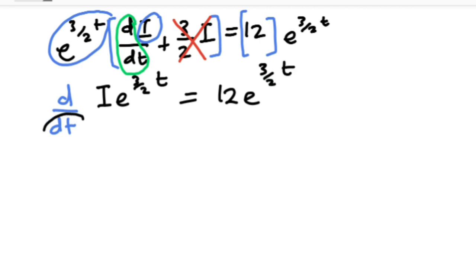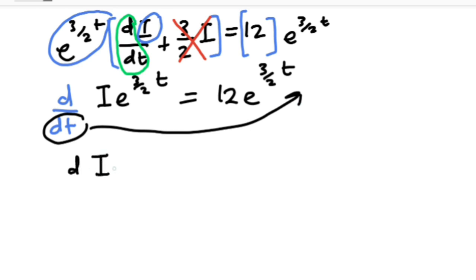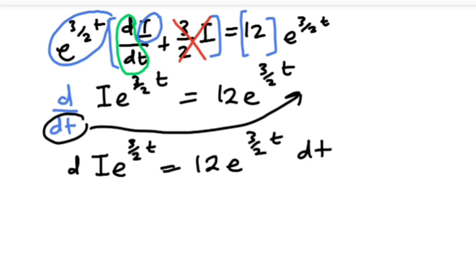And then I'm going to bring dt to the right hand side. So we have d(I e^(3/2 t)) = 12 e^(3/2 t) dt. Then we integrate both sides.